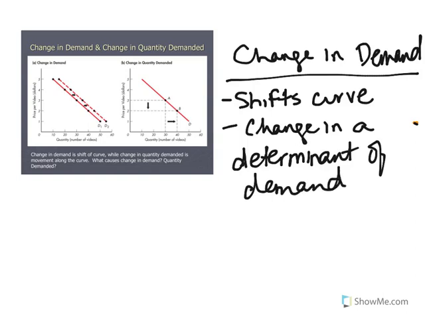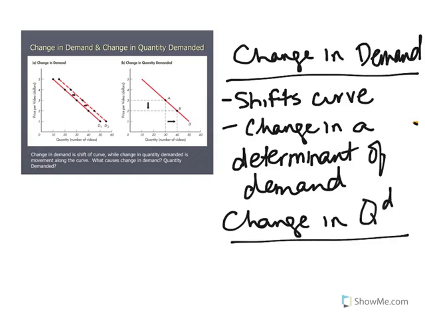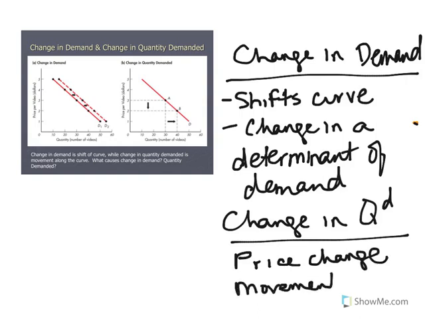Whereas if we're talking about a change in quantity demanded, and that's going to be graph B here, that just means there's been a price change. And there's just going to be movement along the demand curve.